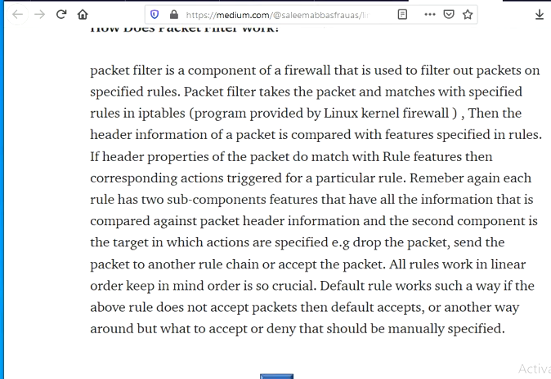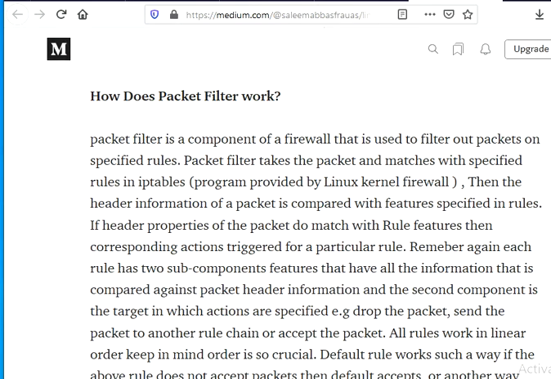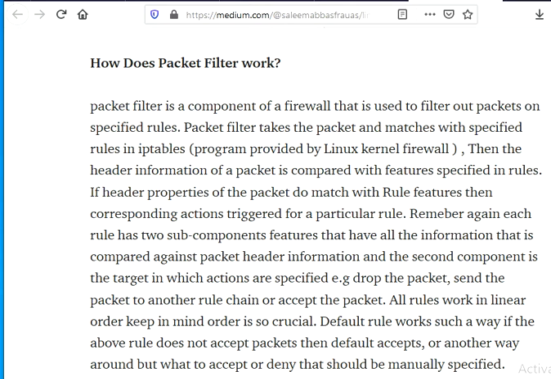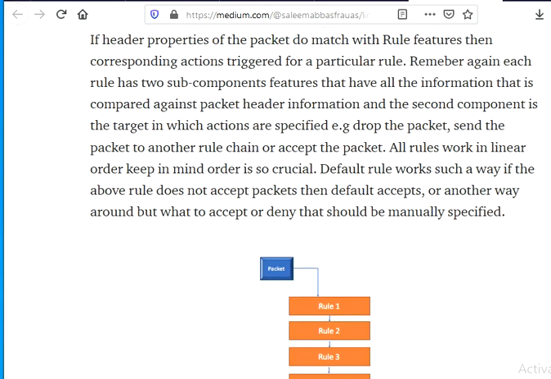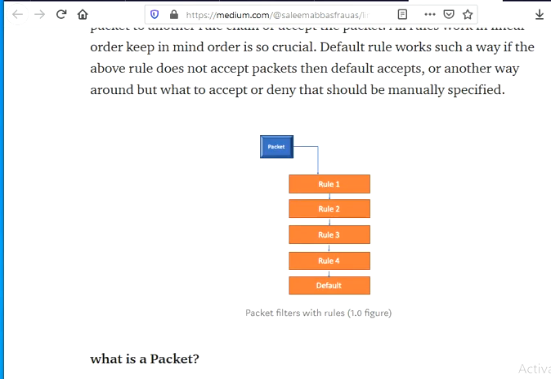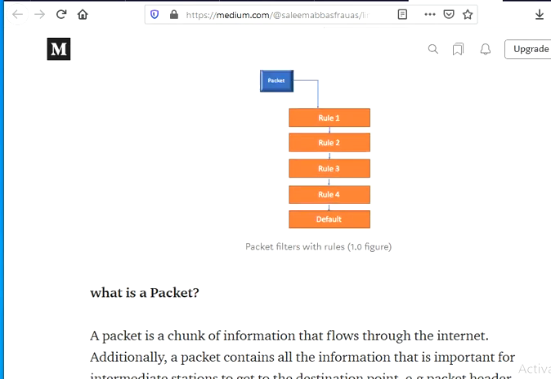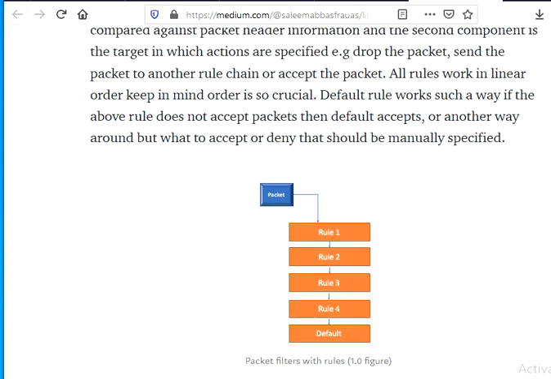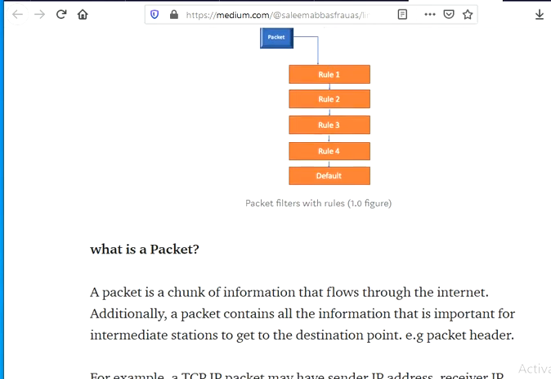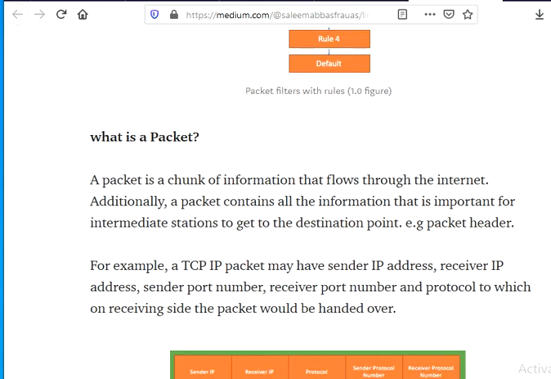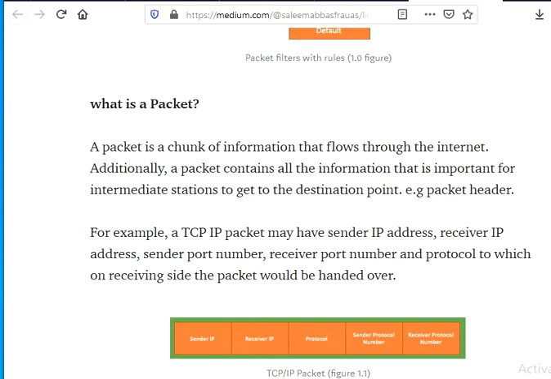He also explained one more question: how does a packet filter work? You can also check this site. He explained almost the same things, because we are from the same professor. He explains what a packet is.